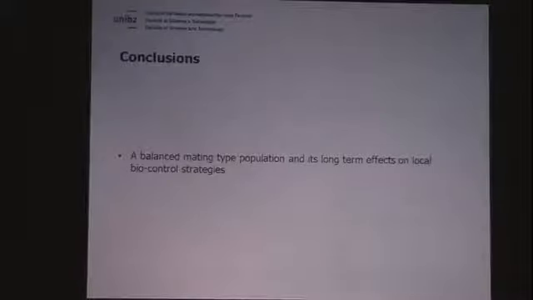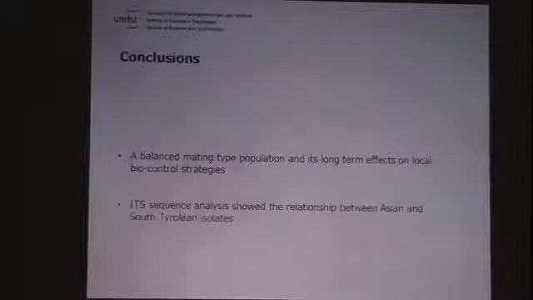So it also poses a serious threat, because in the future, a lot of new VC types are expected to be produced in the region, and because there is no hypovirulent virus available in that VC type, they will not have the competition, they will have the selection advantage. So they pose a serious threat to the chestnut also.